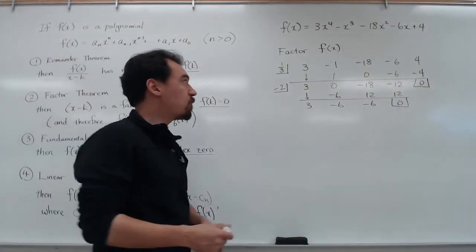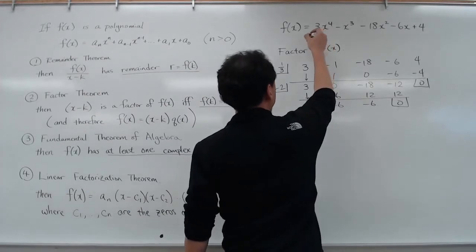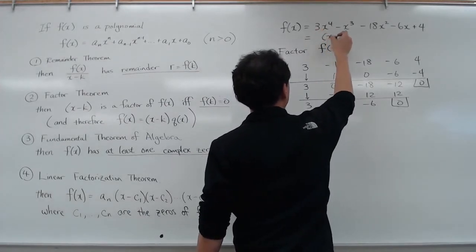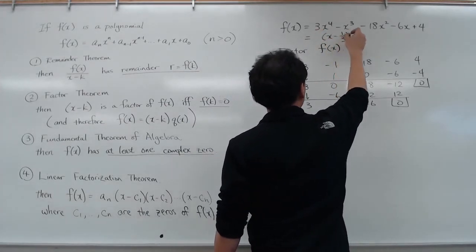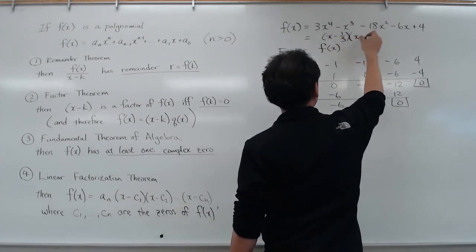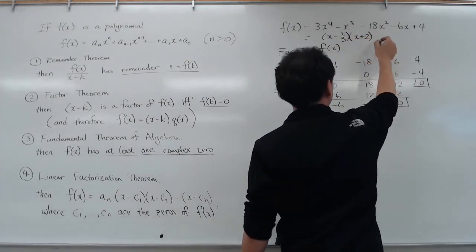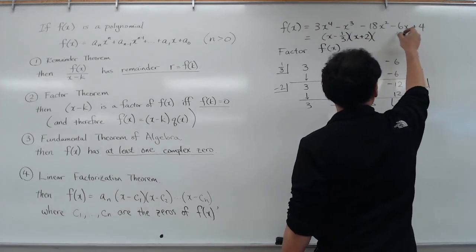To summarize what we have so far, we have one factor, x minus 1/3. We have a second factor, x plus 2, and we have some other stuff to go.